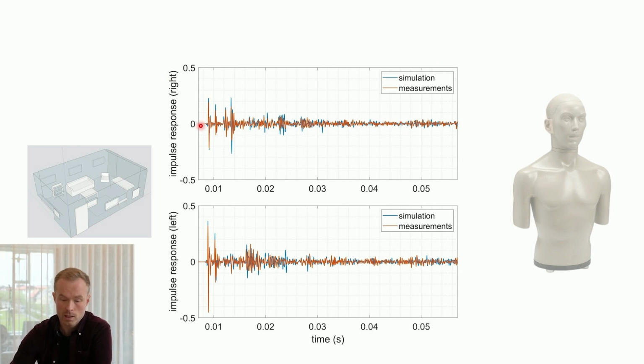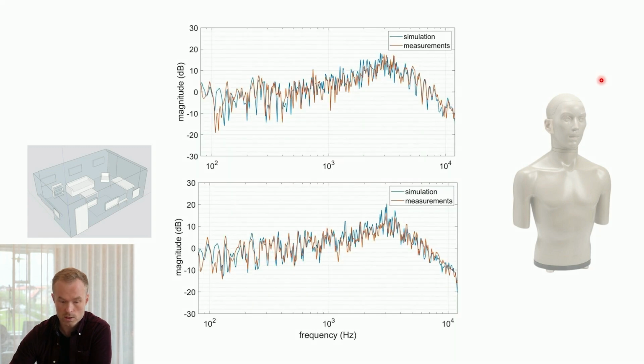And here you can see how nicely this worked: in blue you have simulation data, and in orange you have the measurements for the right and left ear. You can see the frequency response as well, and you can see that these add up really nicely.